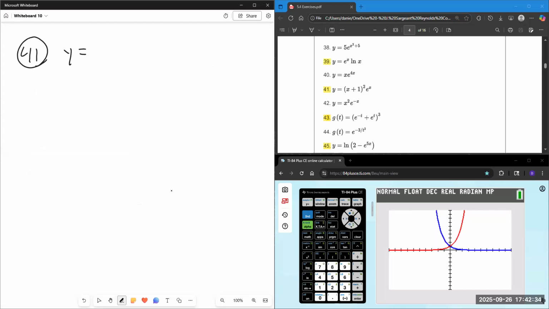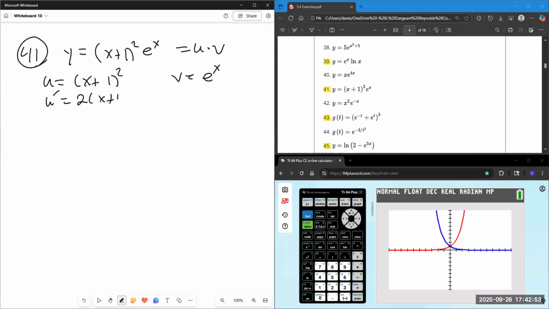Y is equal to x plus 1 squared e to the x, where I have a u times v situation where u is equal to x plus 1 squared, and v is equal to e to the x, and u prime is 2 times x plus 1. I'm going to leave that factored for a second. V prime is e to the x, y prime is u prime v plus v prime u.